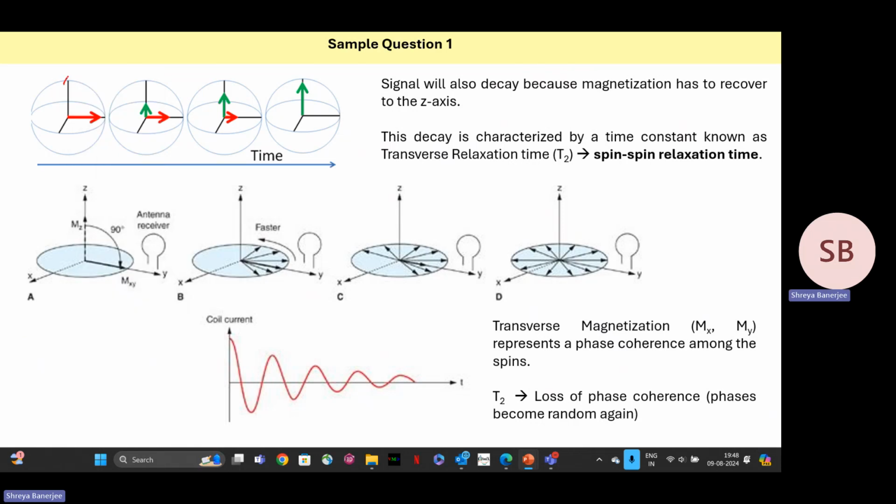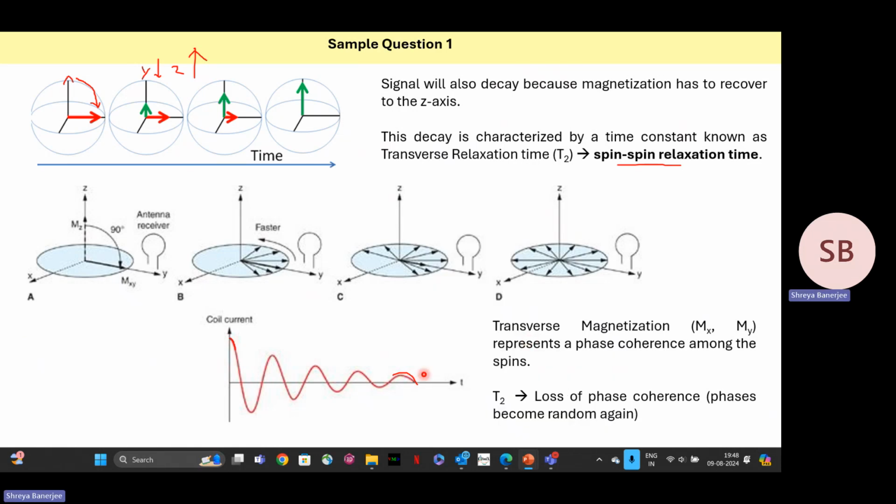Magnetization is initially along Z and it is forced to come to Y. And then as the magnetization is going back to the equilibrium position, the Y component is reducing and the Z component is increasing. So initially the Y component is maximum, FID shows maximum values, and as the Y component is reducing, FID intensity is also reducing. This is called spin-spin relaxation time.